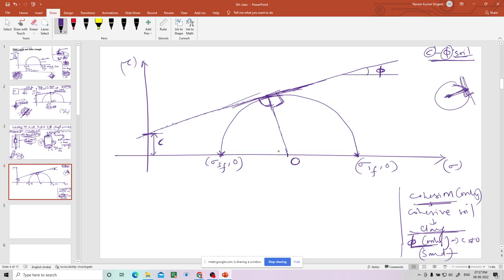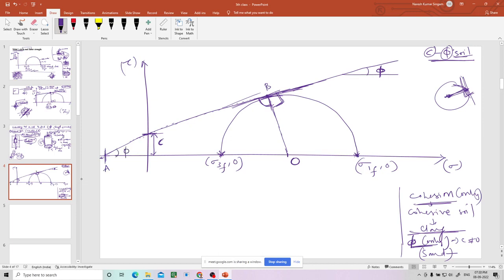Now I am extending this line, and let us say this is A and this point of intersection is B. So if this is phi, this is also phi, of course, because I'm just extending.